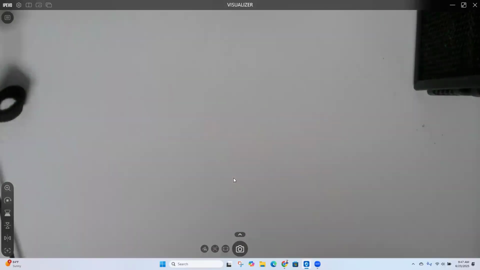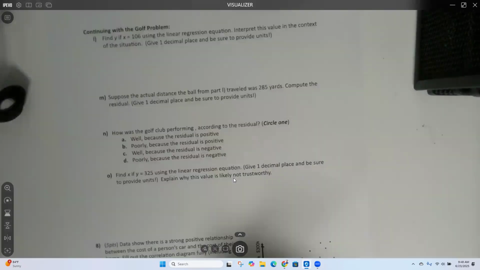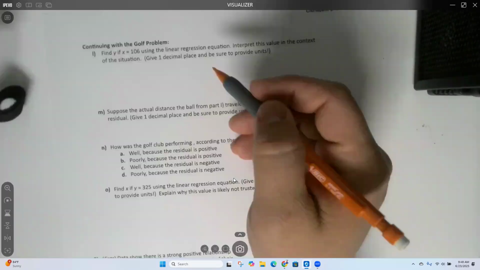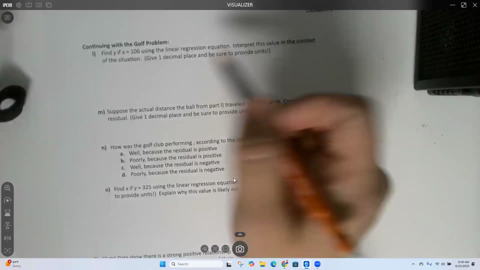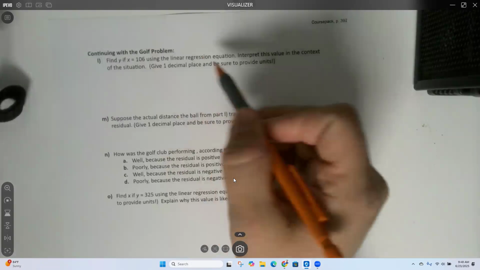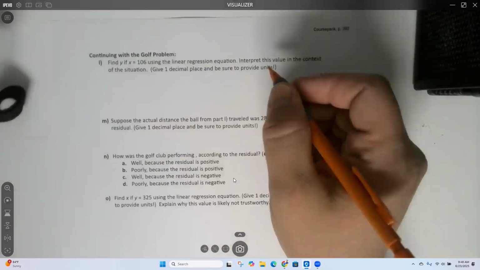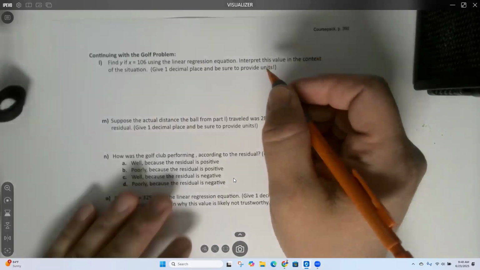All right. Page 392. The other reason I'm kind of jumping through these really quick is I want to give you guys as much time as possible to work on them together and get through as much as you can. So, all right. So find y if x equals 106 using the linear regression equation. Interpret this value.